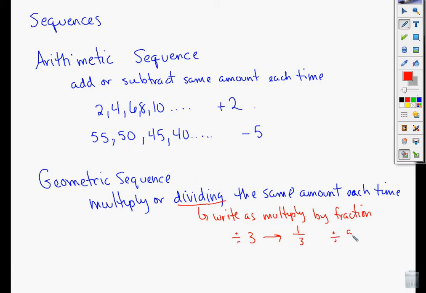If I'm dividing by 5 every time, I would write it as 1 over 5. And like as multiplying by 1 over 3 and multiplying by 1 over 5. Okay. So an example of a geometric sequence, let's keep with my 2's, except instead of adding 2 each time, I'm now multiplying by 2 each time.